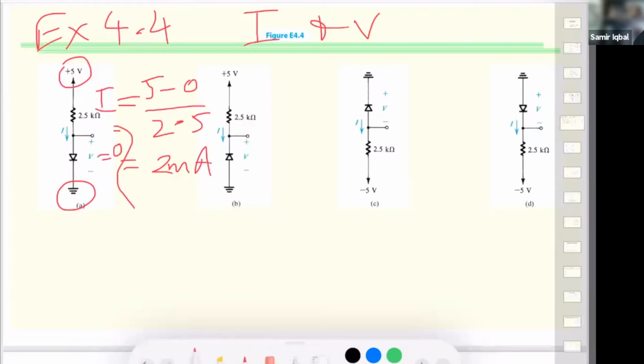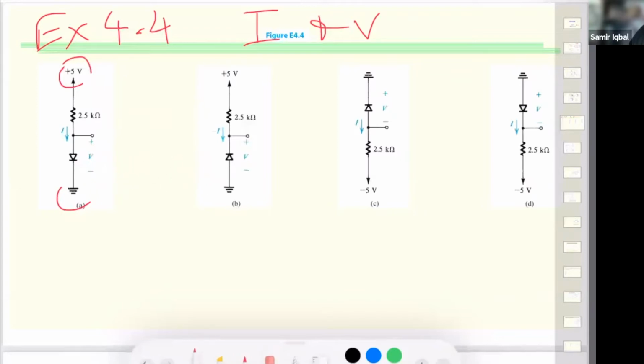When you look at it from this side, this one is the higher resistance, so the voltage drop occurs around this, and this is forward biased. It's a short circuit, so there's no voltage drop across it. So the current is straightforward, but for the voltage, we have to see that this is a short circuit, so this voltage is 0, and we just calculated 2 milliamps as the current going through that resistance.